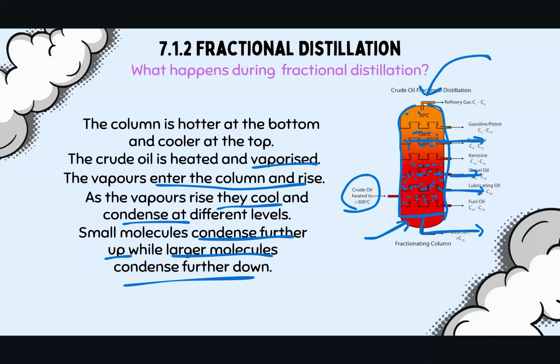Larger molecules, so let's have a look. That's ethene. Now that ethene molecule, for it to attach to another ethene molecule, it'll have intermolecular bonds. They're weak intermolecular bonds, weak van der Waals. Now if we look at pentane.